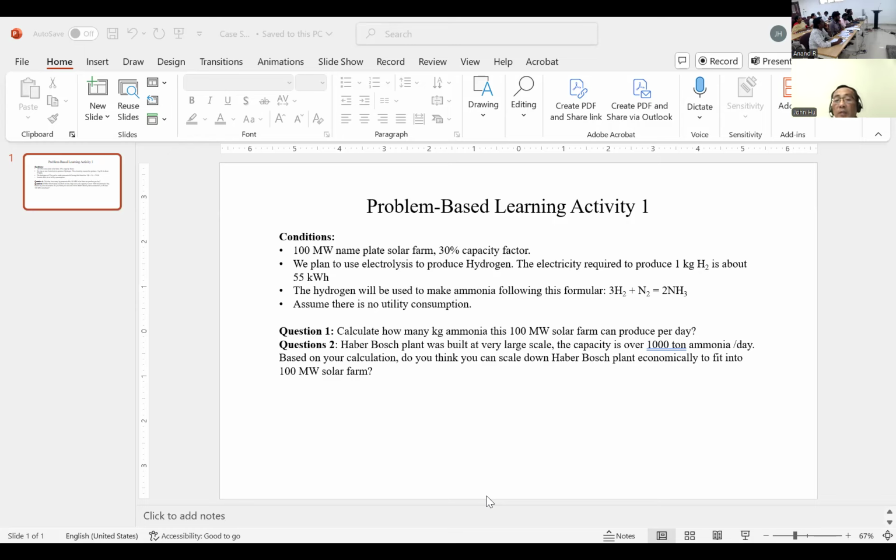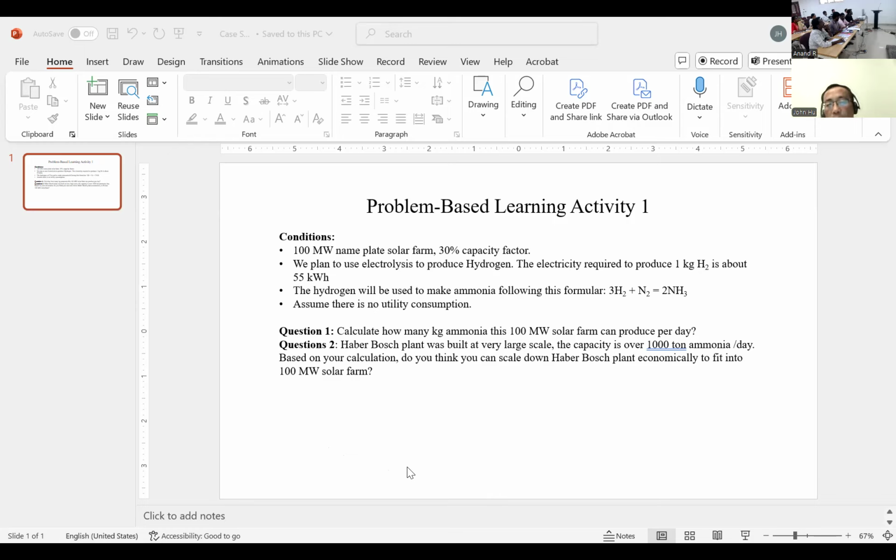That means if the solar and wind farm operates for a year, it's 100 megawatts times 30%. That's all you get, because the solar will never run 24 hours and 7 days, and the windmill will not spin all the time. The capacity factor depends on how good the sunshine is and how good the location of the wind is. But I give you the condition of 30%. So use that number.